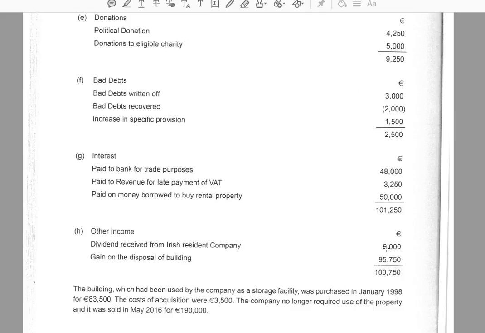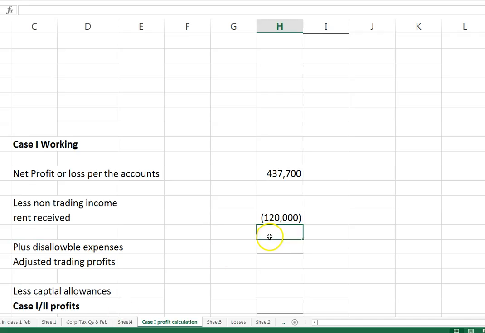But for things like dividends received, interest received, rent received, all those things we tax separately as case 3, case 4, case 5 in the tax computation, they need to be deducted. So here, dividend received from our resident companies, not trading. Gain on disposal of building, not trading. So the total of them is the 100,750, and that will get taken away.